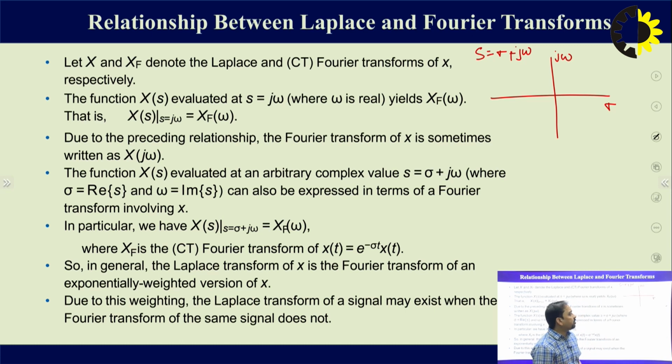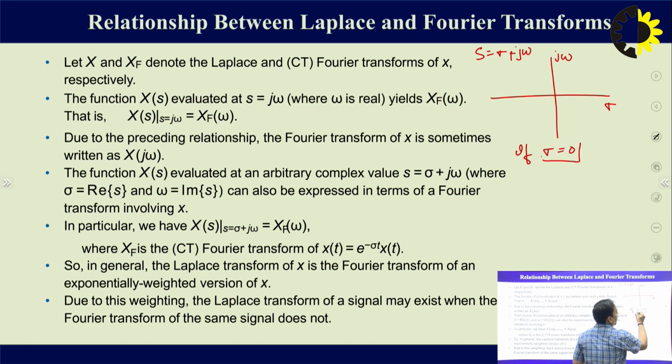What we have studied in the Fourier transform is that if sigma equals 0, we are doing calculations on the j omega axis. That's why we said that the Fourier transform is a special case of the Laplace transform evaluated over the j omega axis.